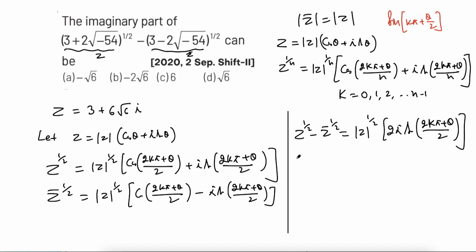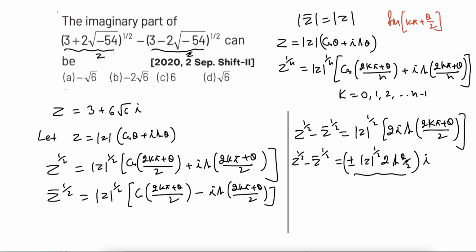So z to the power 1 by 2 minus z bar to the power 1 by 2 will be equal to plus minus mod z to the power 1 by 2 into 2 sin theta by 2 into i. So the imaginary part is this only, and we have to calculate this value.